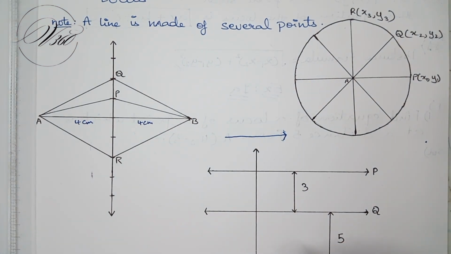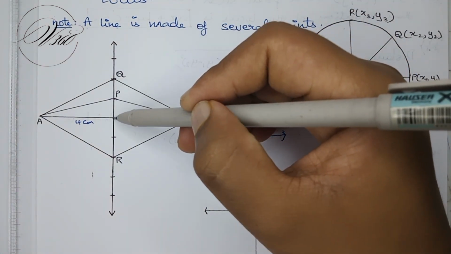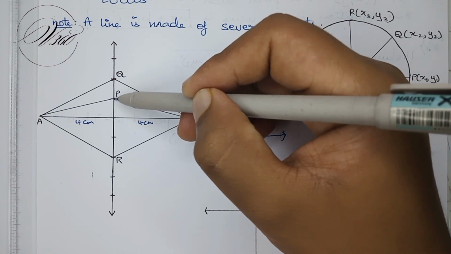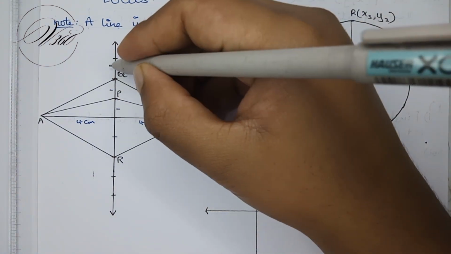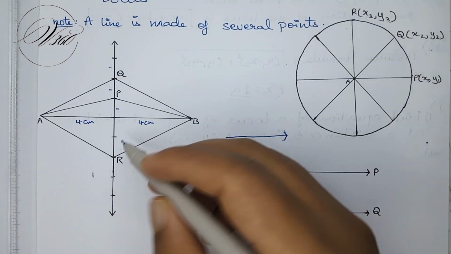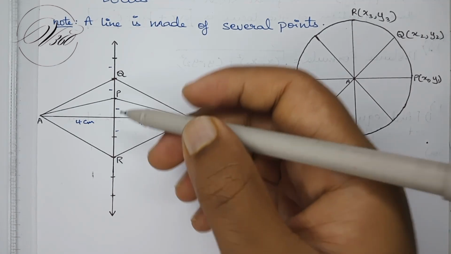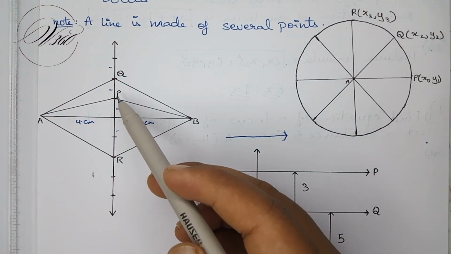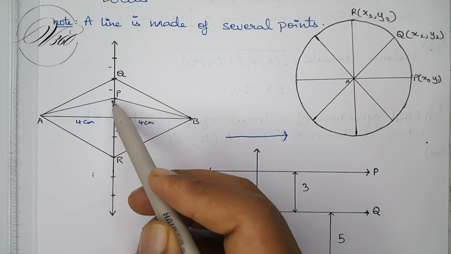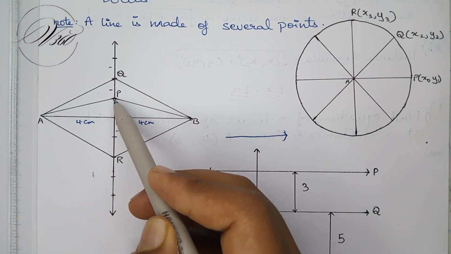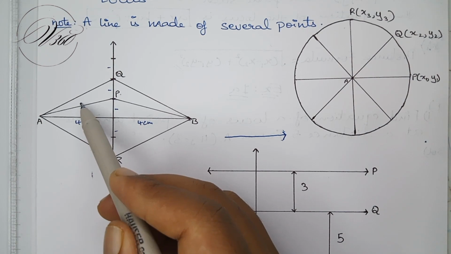Now there are particular points which are drawn 1 centimeter apart. This is 1 centimeter, this is 1 centimeter, and the same here, till the end. Now if we take these two ends and extend them here, we will get a point that is P.